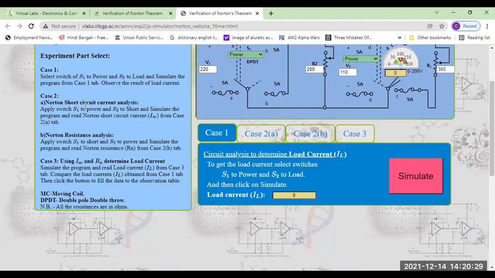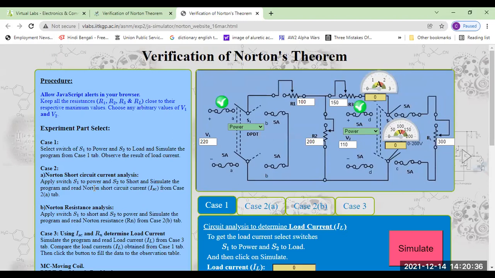Then Norton short circuit current analysis: apply switch S1 to the power and S2 to the short. Whenever you short this, you get the short circuit current, which will be read by this ammeter.